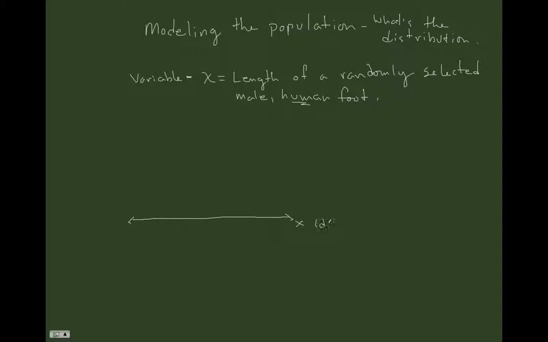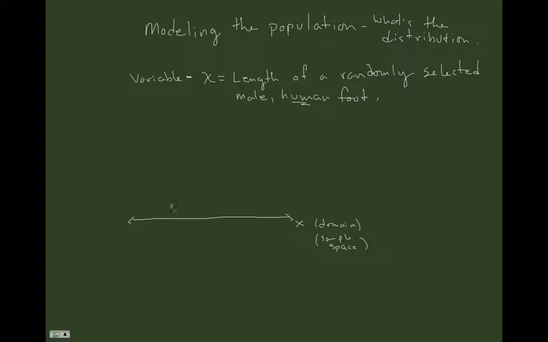But in algebra, we call it the domain. In statistics, we refer to it as the sample space, meaning this axis represents the set of all possible x values that we could be talking about here.